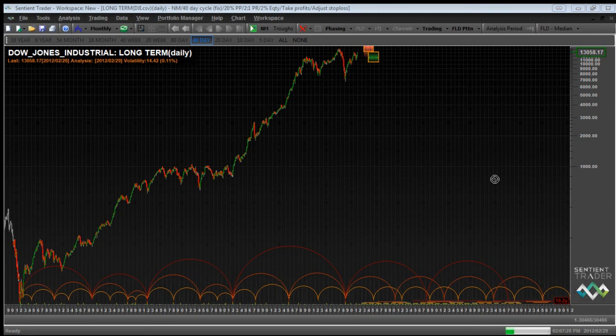The first prominent trough in the analysis that we're going to be discussing is the trough in 1932, after the 1929 to 1932 crash. So here is what I call the default analysis. Whenever I perform an analysis on any instrument in Sentient Trader, the first thing I do is select an analysis period, defining when the analysis should start.